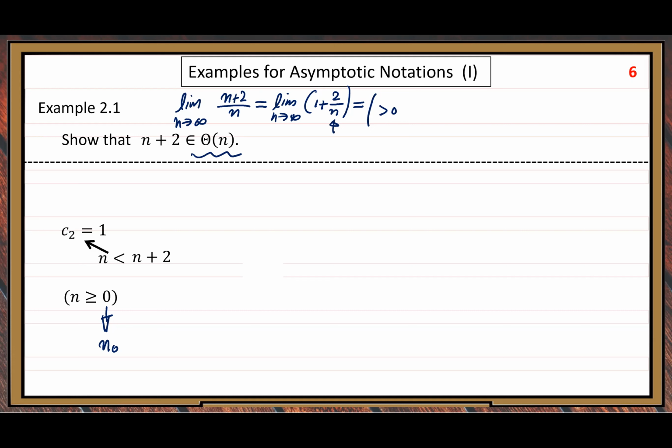Now, for the upper bound, it is slightly harder, but still pretty simple. The question is, what constant multiple of n can you use as the upper bound that is greater or equal to n plus 2? Remember, you're allowed to use that little n0.